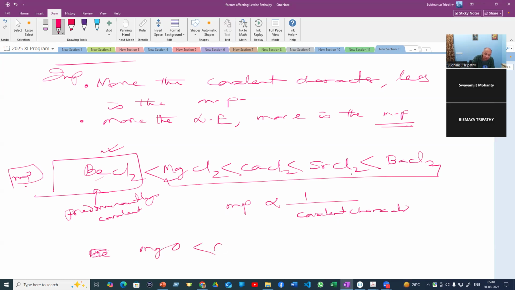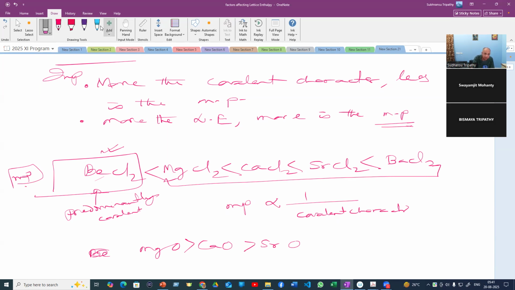Although the polarization effect, now here the polarization effect doesn't lead. Here you will find the control will be by lattice enthalpy. Oxides are more ionic, predominantly ionic. So if you look at the melting point of these two, magnesium oxide, so it will be in this order.